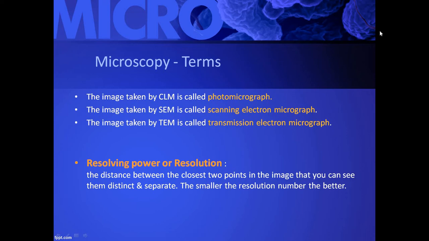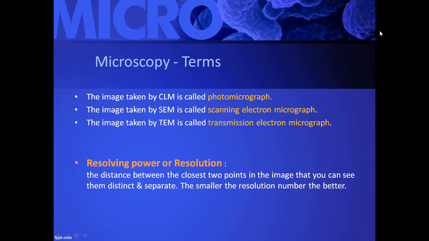The smaller the resolution number, the better. Resolution reflects how clear the image is, how much detail you can see in that image. So the more dots, the more pixels you see in an image, the more details you can see in it.